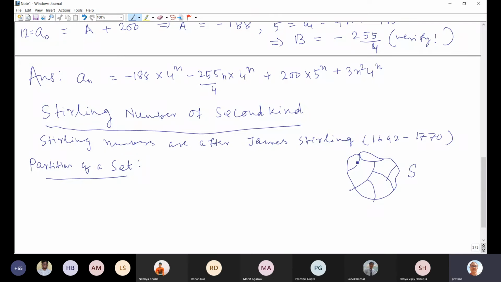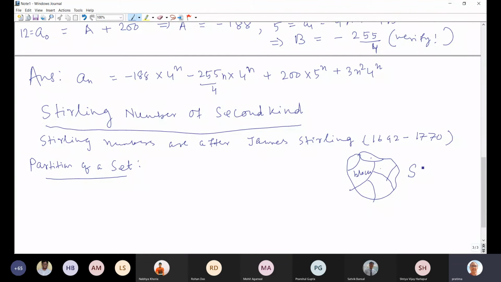So each part will be called a block. Each part is called a block here. So this partition of a set is actually written as a union of disjoint subsets. A partition of S is a collection of disjoint subsets of S whose union is equal to S.